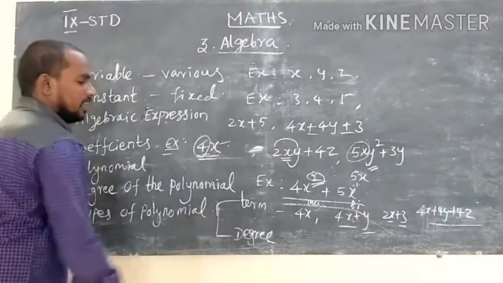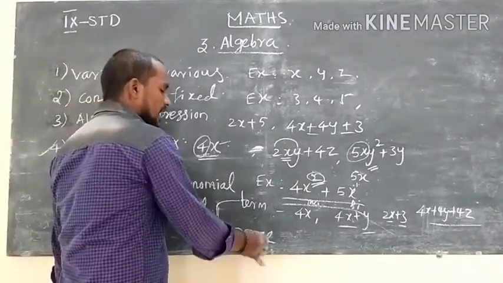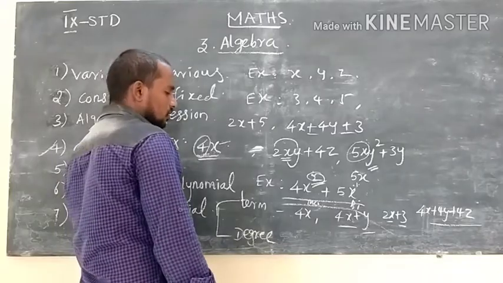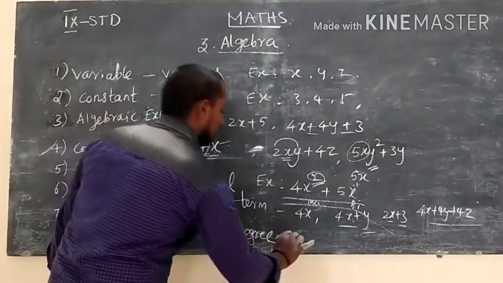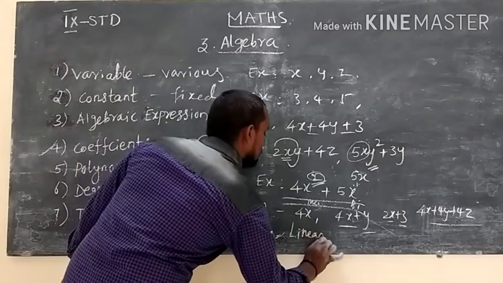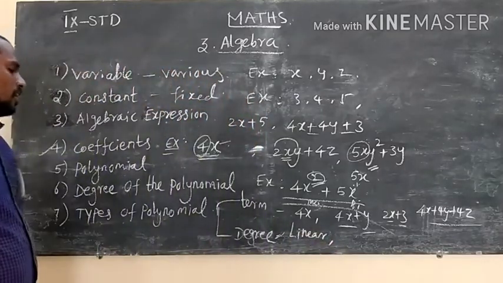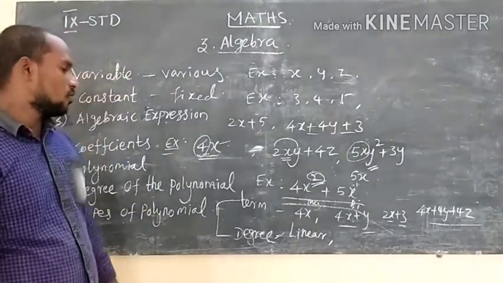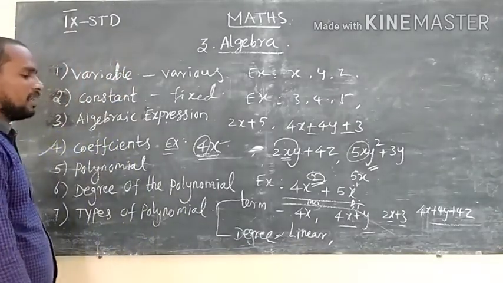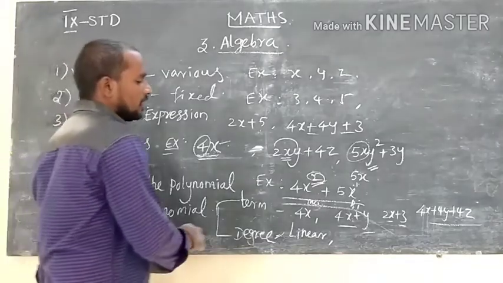Then based on degree, a polynomial of degree 1 is called a linear polynomial. Then the quadratic: a polynomial of degree 2 is a quadratic polynomial.